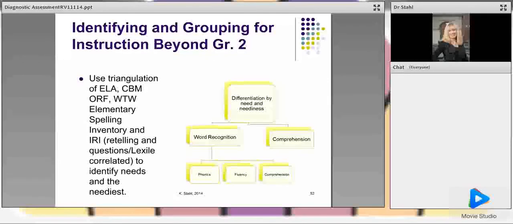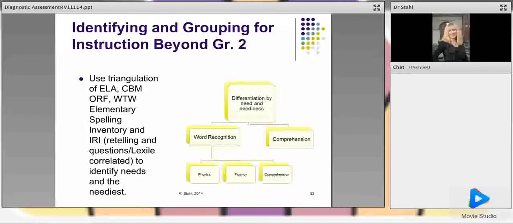We need to provide differentiation, not by homeroom teacher, but by the children's need: the level of need, the area of need, and the degree of neediness. So you will be needing to use the triangulation of multiple measures.